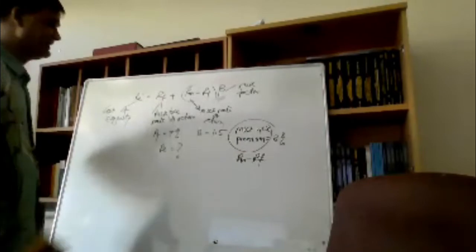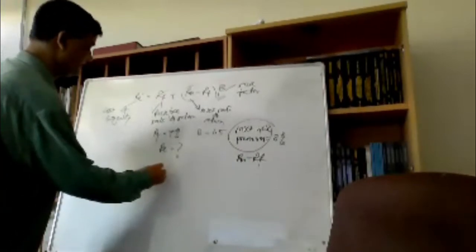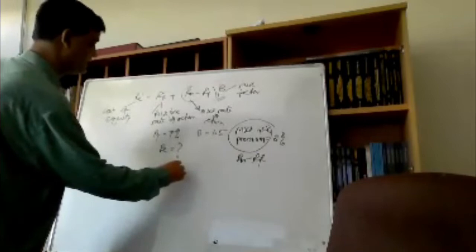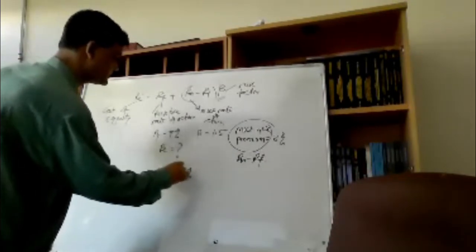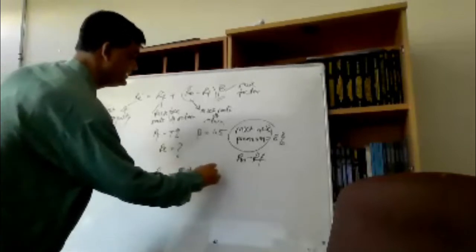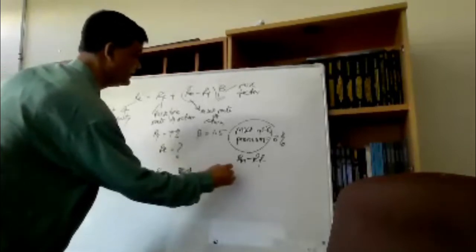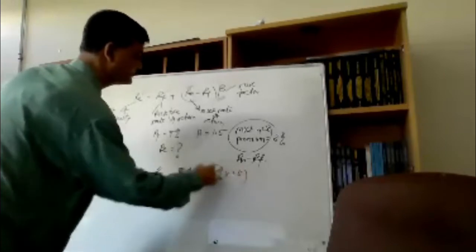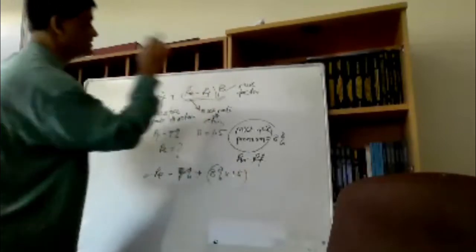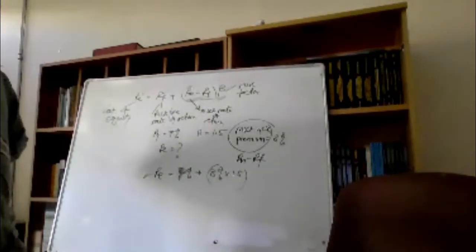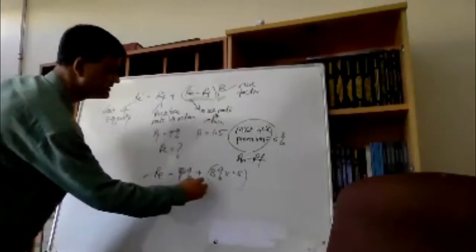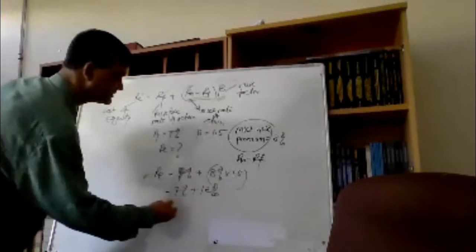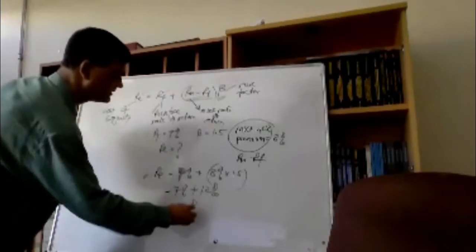Now it's easy. So your RE equals RF, which is 7%, plus 8% multiplied by 1.5, because RM minus RF, what we call market risk premium, is given as 8%. So in this case, it's 7% plus 12%, which is 19%.